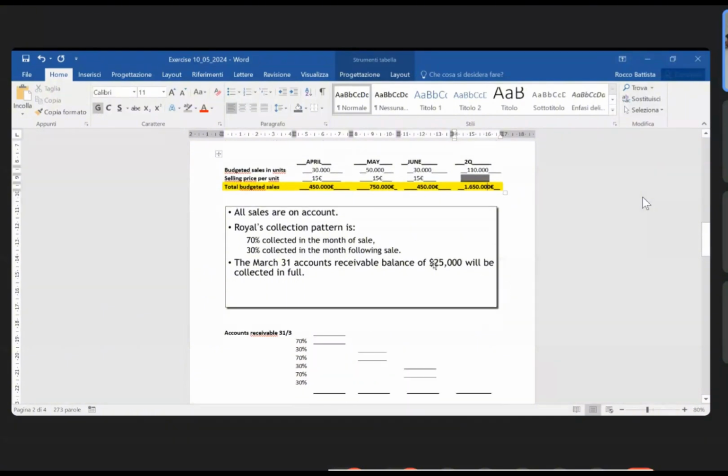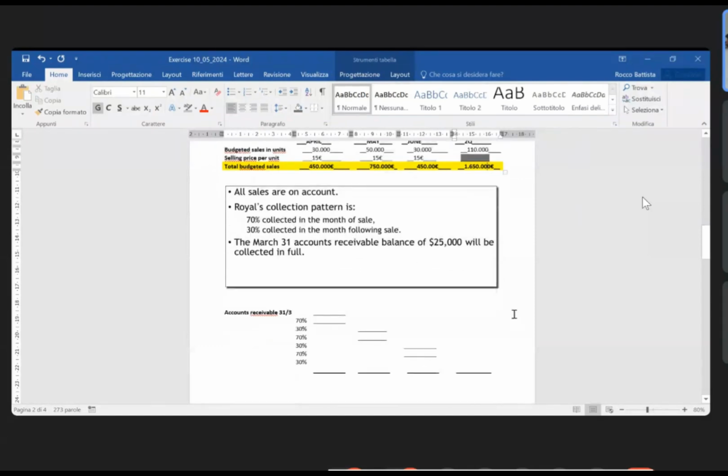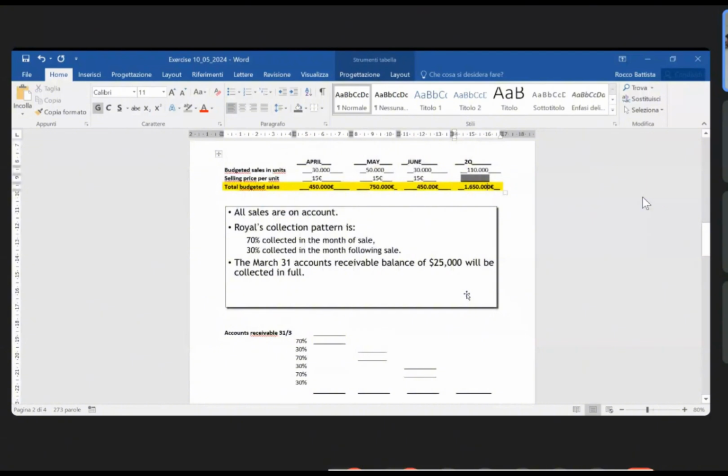In this case, this is 25,000 euros. Sorry, I put dollar, but it's euros. This box gives you other information about the payment of your sales. We know that 70% is collected in the month of sales, 30% in the month following sales. The March 31 accounts receivable balance of 25,000 euros will be collected in full.